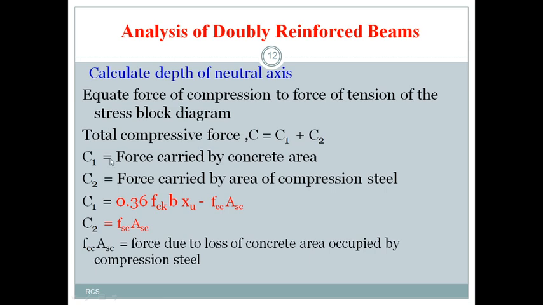C1 is the force carried by concrete, and C2 is the force carried by the area of compression steel. The force carried by concrete, we have already discussed in previous sessions, that is 0.36 FCK into B XU, that is area multiplied by stress, which gives the force C1, and here minus FCC into ASC.